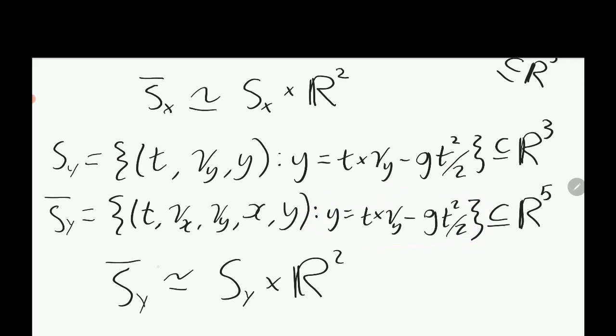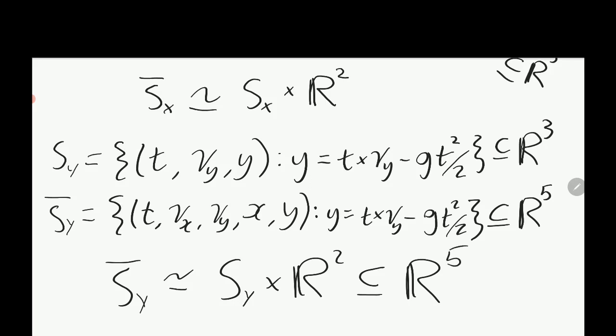And so really the way that we got this Sy bar is just by taking this Sy and in a sense doing a sort of product of it with a plane. And now once again we have this subset of five-dimensional space.